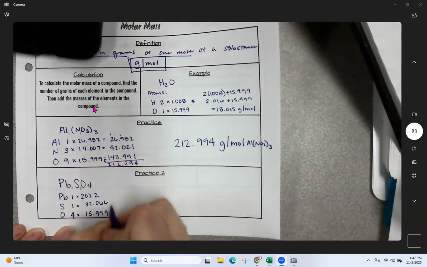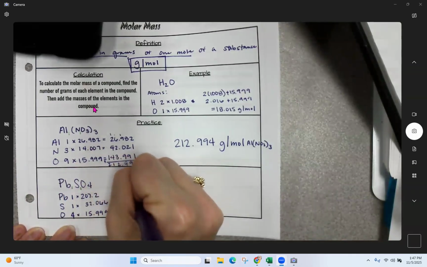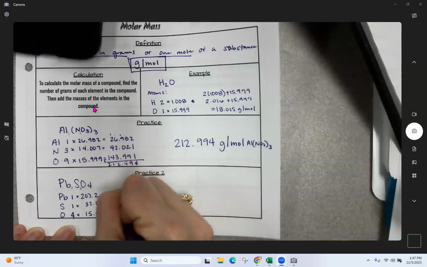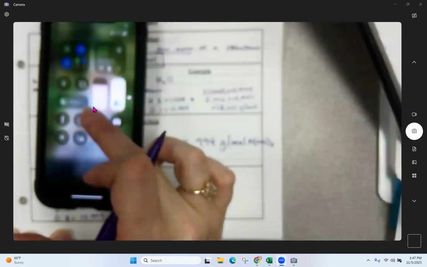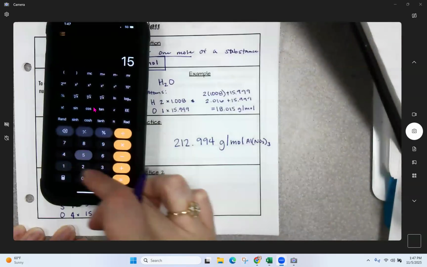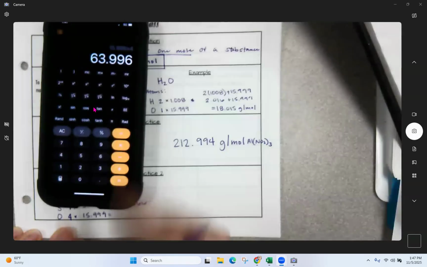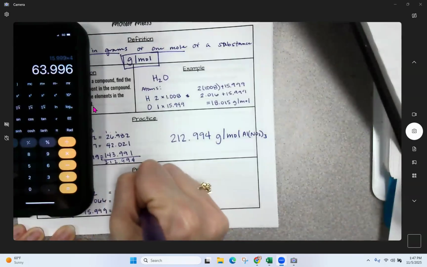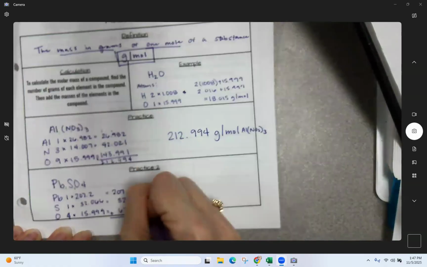We do need to do some calculations here, so we're going to have our equals. We're at 207.2. We're going to have 32.066. And we're going to have 15.999 times 4, which is 63.996.